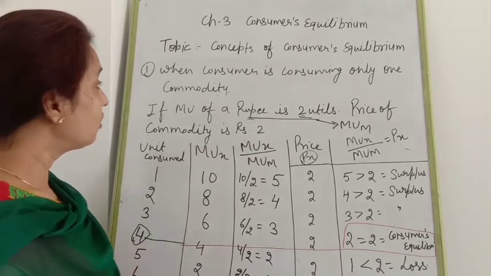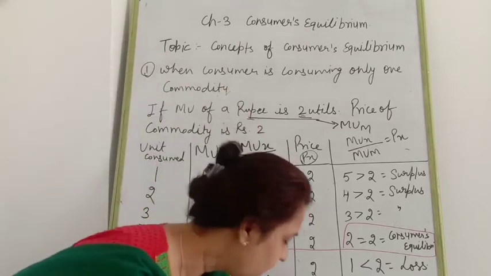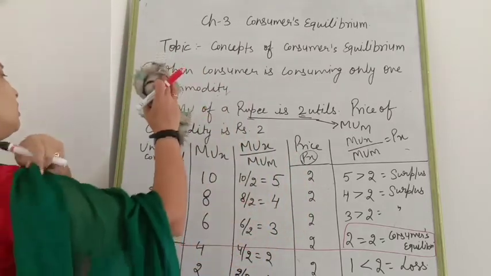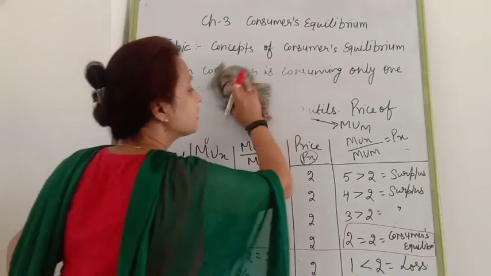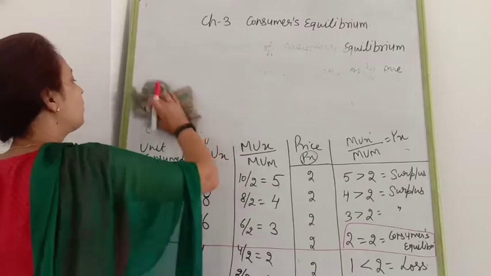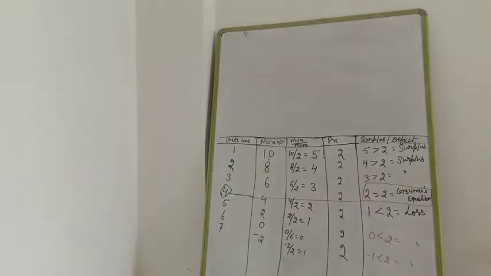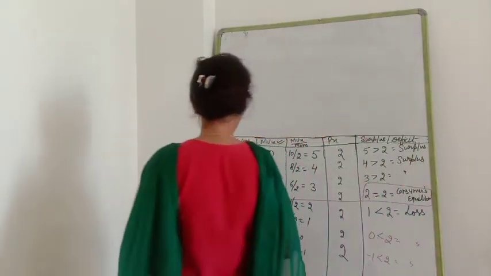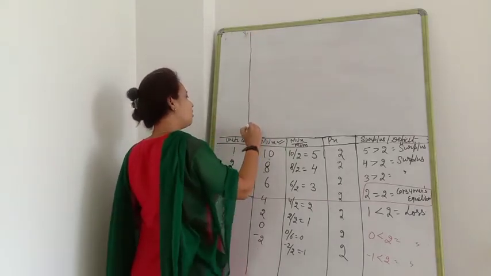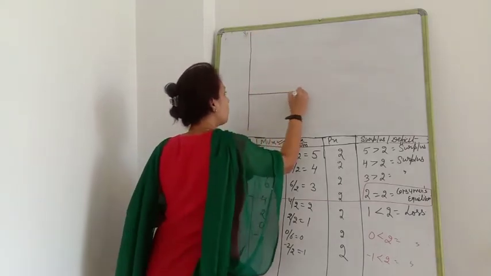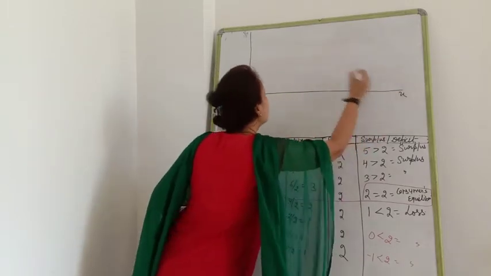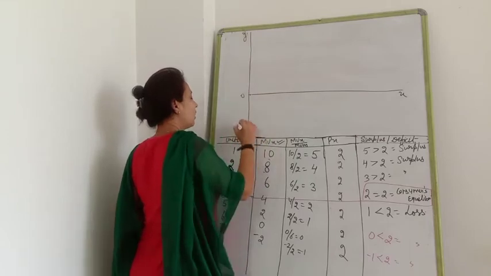Now I am going to draw the diagram so that you will be able to understand better. That is the schedule, and all are imaginary data which I have taken. Now I'm going to explain this on the schedule. That is also very easy. If you want, you can take your own data also. 0, X and Y. Clear?